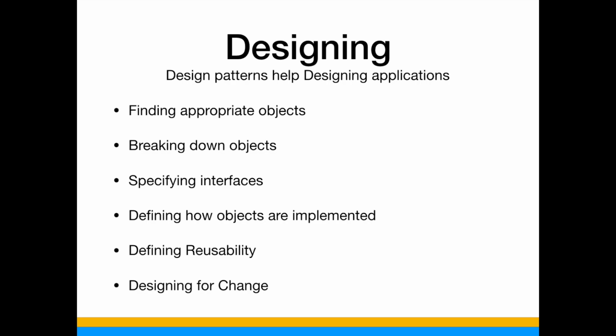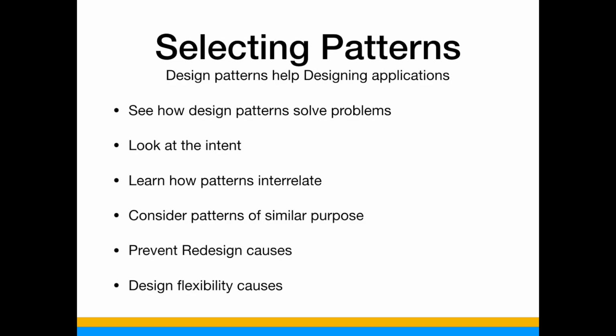And given that flexibility and reusability, it helps us design for change, because at some point the code that we wrote might be great and perfect, but it might not be what the user wanted or needed, or how technology or society has evolved. So we have to be capable of designing for change.